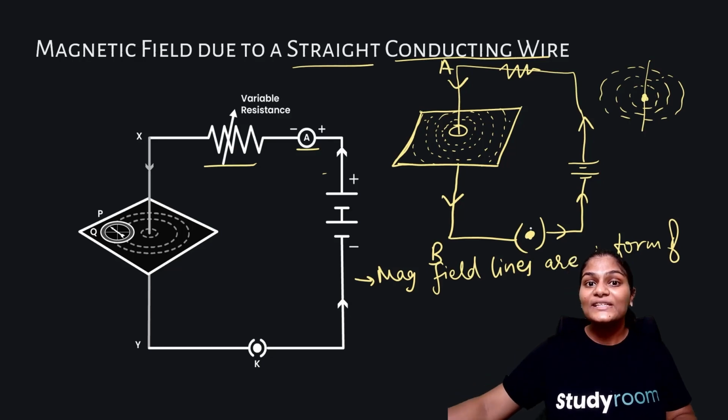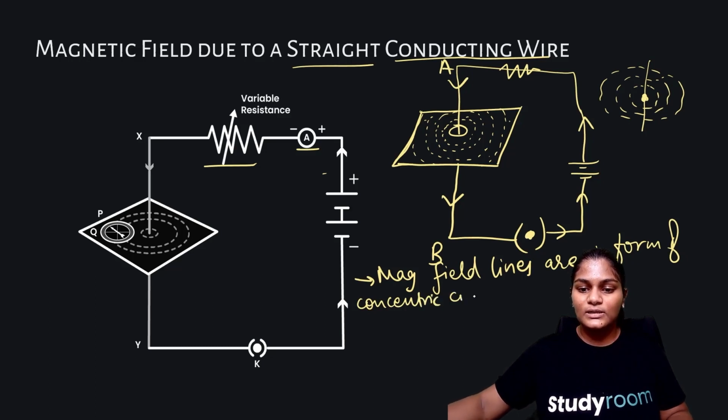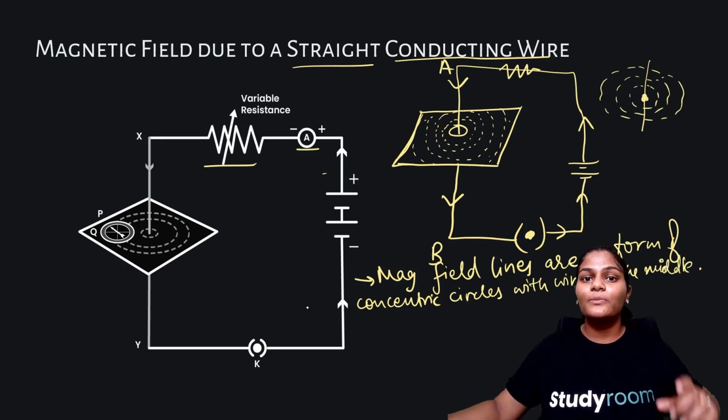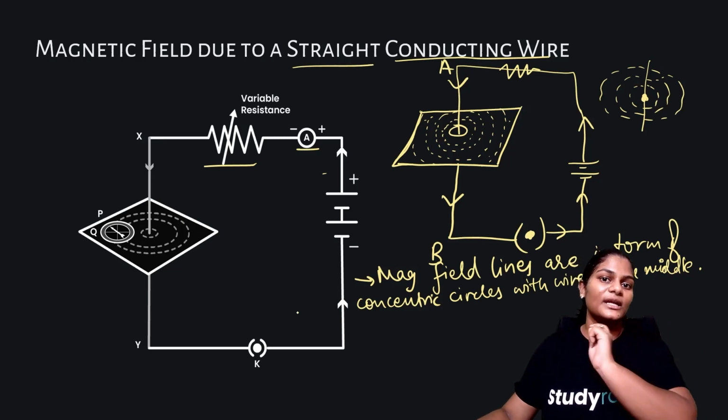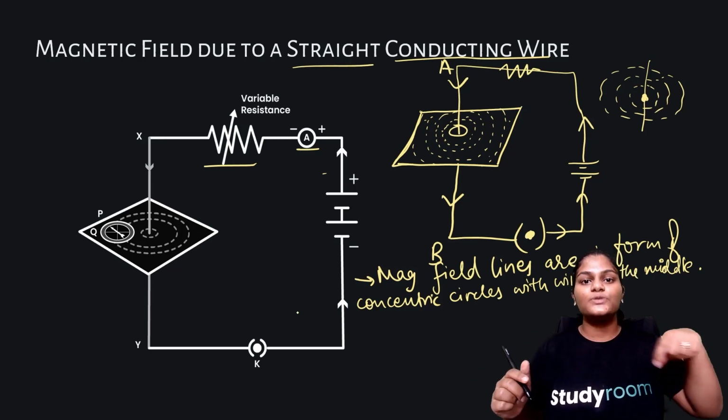They are known as concentric circles, with the wire in the middle. That is how the field lines are actually formed in case of a straight conducting wire. The field lines are in the form of concentric circles with the wire in the middle.